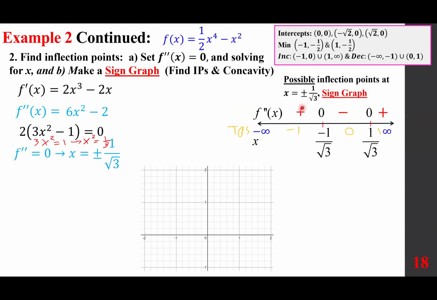And so positive means concave up, negative means concave down, concave up. So negative from here to here is concave down. From minus infinity to minus 1 over square root of 3, union 1 over square root of 3 to infinity, is concave up. So we write those.